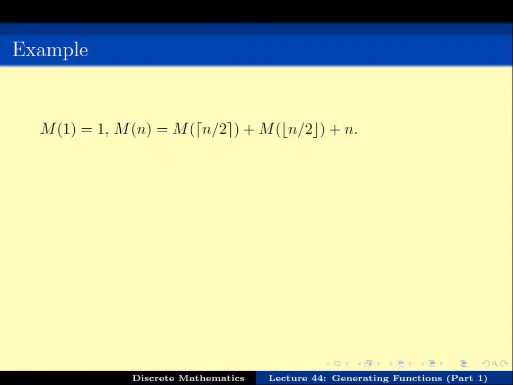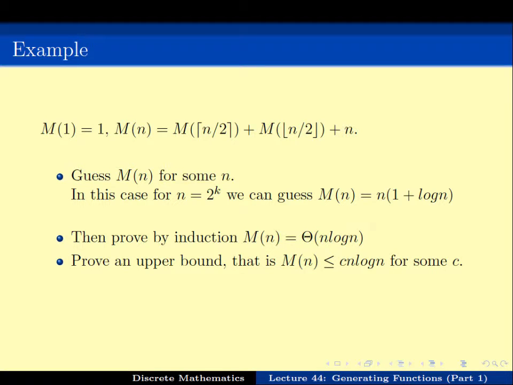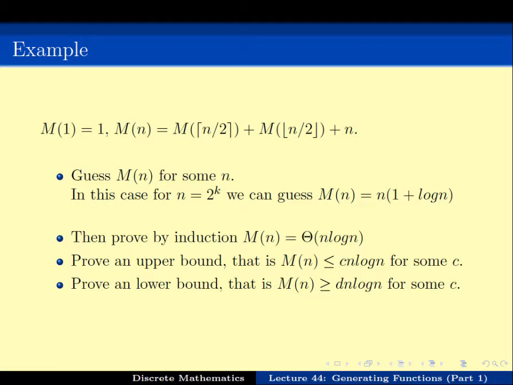The technique there was, you first guess the mn for some nice enough integers n, in this case powers of k, and then by induction prove that this value mn is theta of n log n, whatever you have guessed here. And it is done by first proving an upper bound and then proving a lower bound. So this is the second technique that we have.